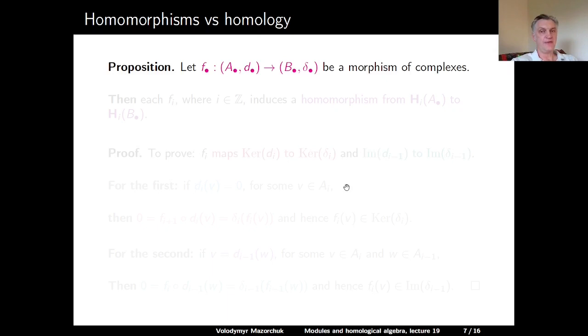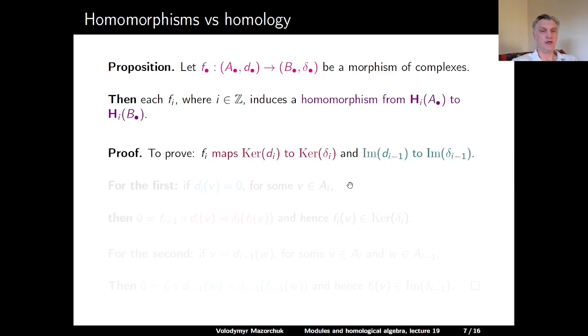Proposition: let F be a morphism from a complex A to a complex B. Then each Fi, where I is an integer, induces a homomorphism from the i's homology of A to the i's homology of B. Proof: what we need to prove is that Fi maps the kernel of the differential in A to the kernel of the corresponding differential in B, and also that it maps the image of the differential in A to the image of the corresponding differential in B.